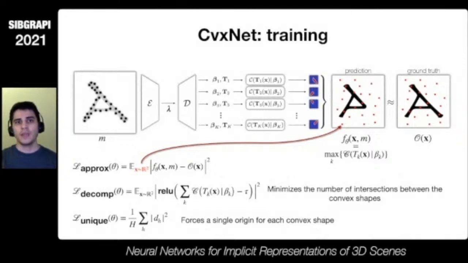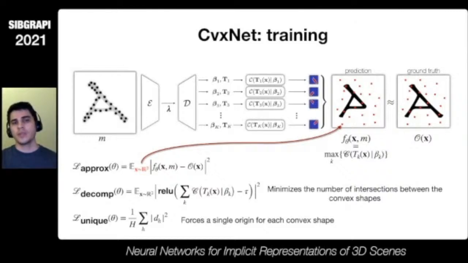ConvexNet can be trained using the expected square loss function. Given a batch of queries of points, the network predicts the corresponding indicator function. Then the gradients are backpropagated in order to approximate the predicted indicator function with the corresponding ground truth.